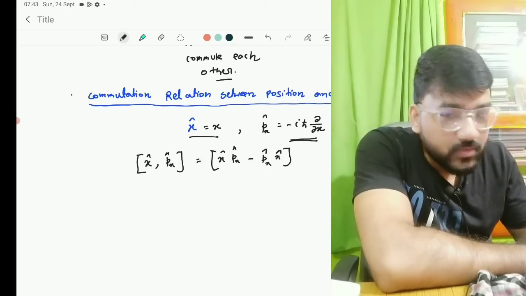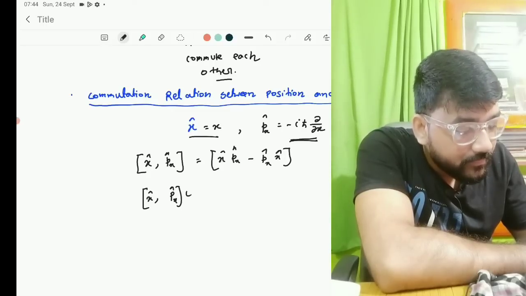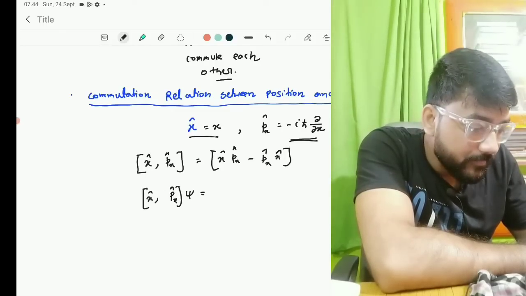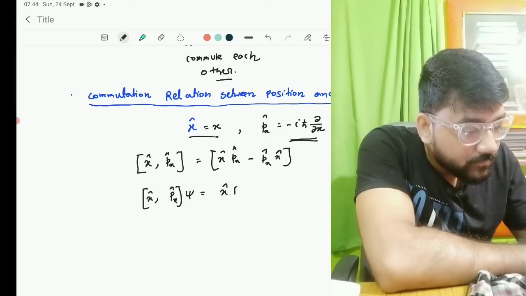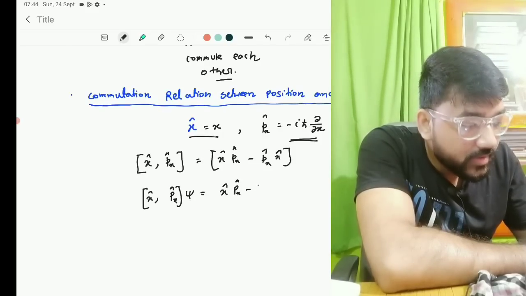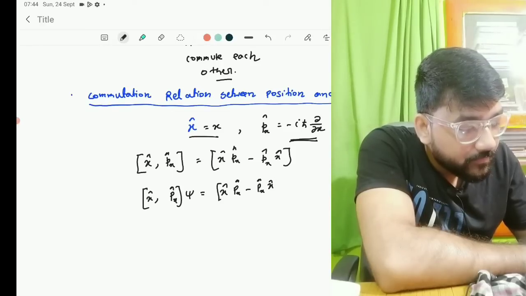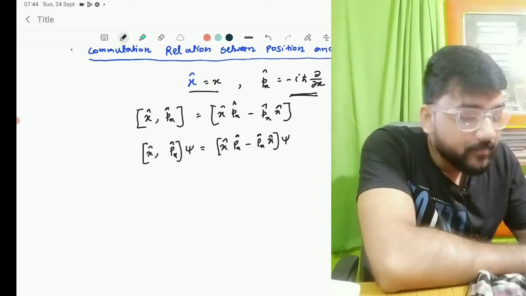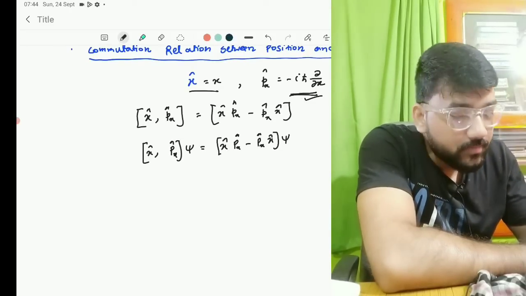Let psi be a function of x simply. Then it is x cap p x cap minus p x cap x cap acting on psi.